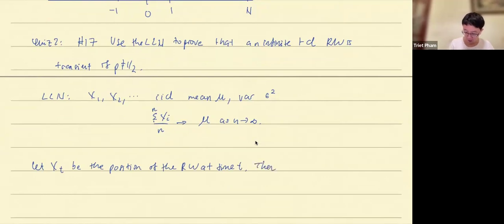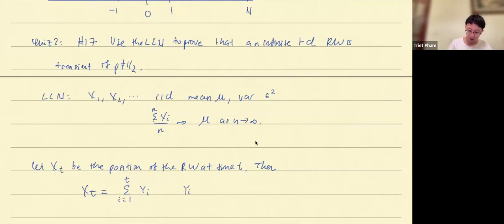Then the position will just be the sum of the steps, y_i, from i equals 1 to t. I think it should start at 1, not 0.